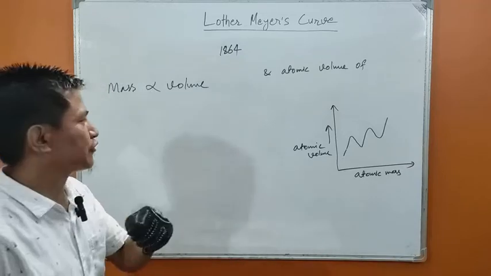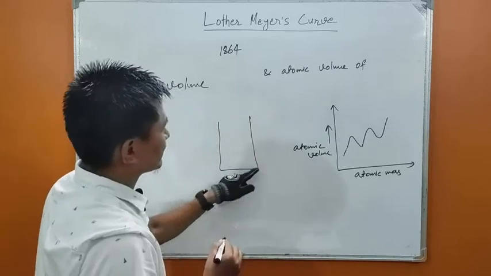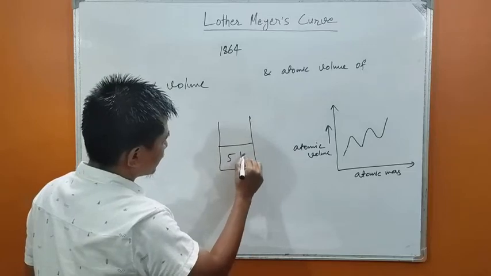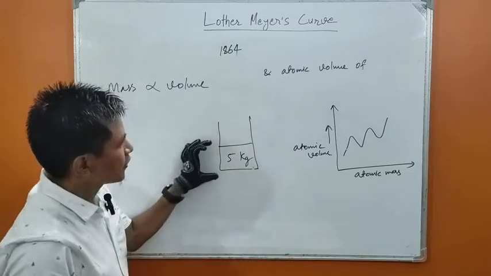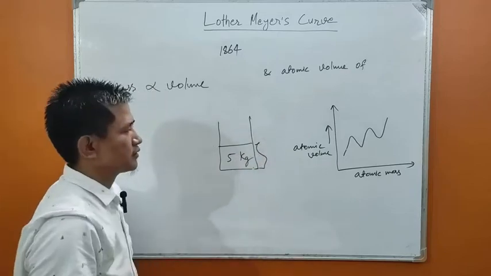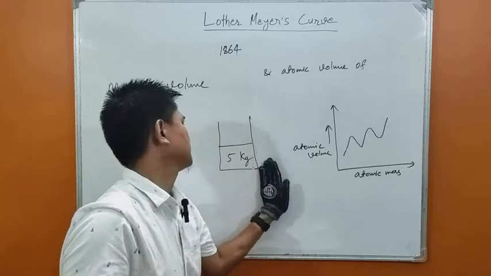Okay, let me give you an example to prove this. We have a container here, and in this container we have 5 kg of rice. 5 kg of rice occupied this much space. We can say this is the volume of 5 kg of rice, isn't it?